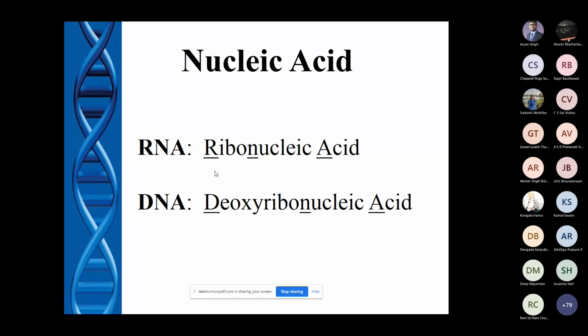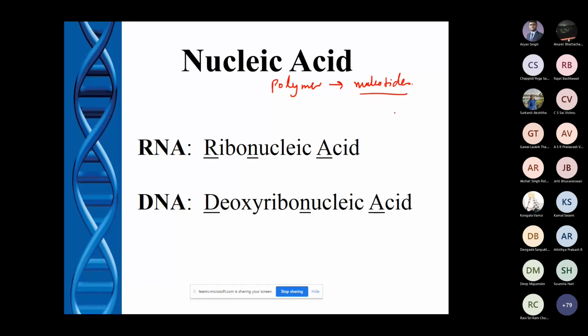So nucleic acid is a polymer. Okay. This is a polymer of what? The monomeric units are nucleotides. That means nucleic acids are polymers of nucleotides. Now, the nucleotide, the monomeric unit, is composed of three groups.